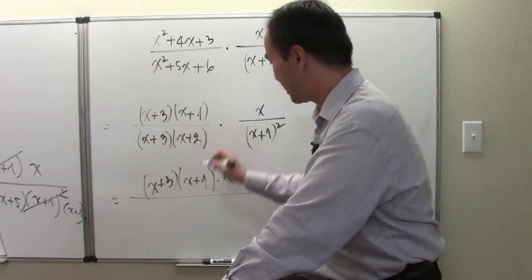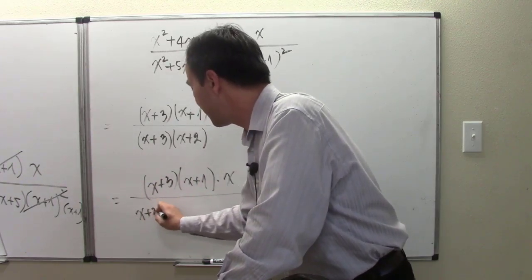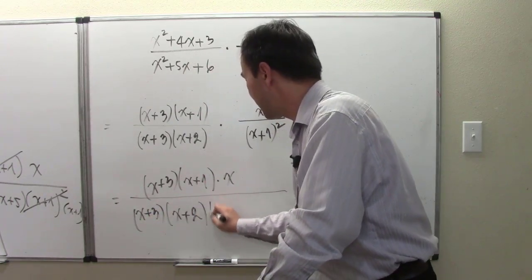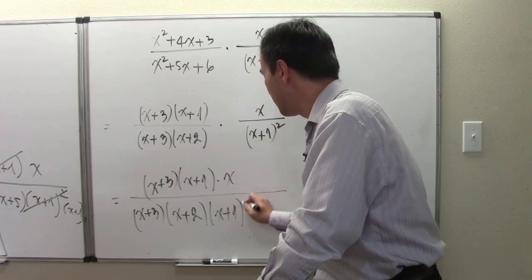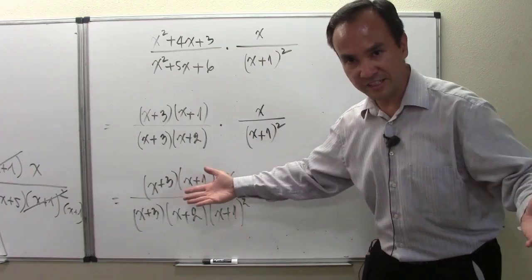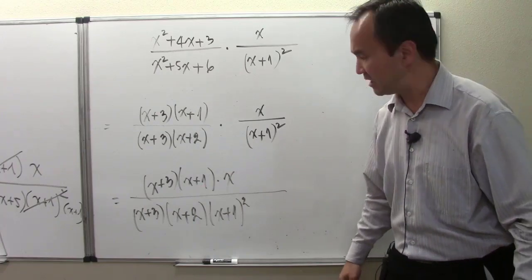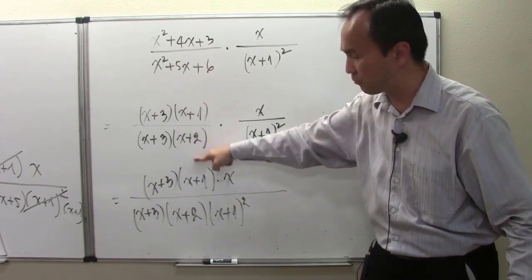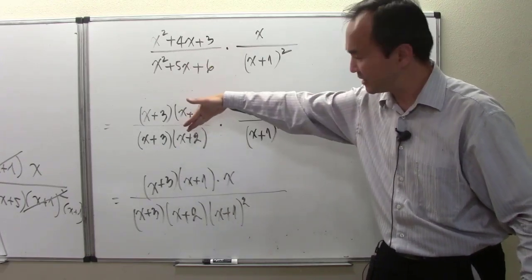And now in the denominator, we have x plus 3 times x plus 2 times x plus 1 all squared. So the multiplication still stays exactly with the same fundamental we have learned. It's just in this way of revising the work, we have done completely factoring first.